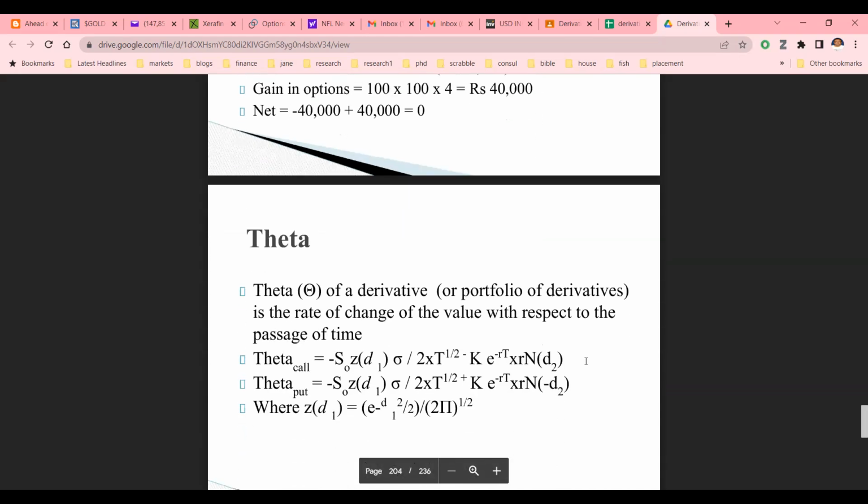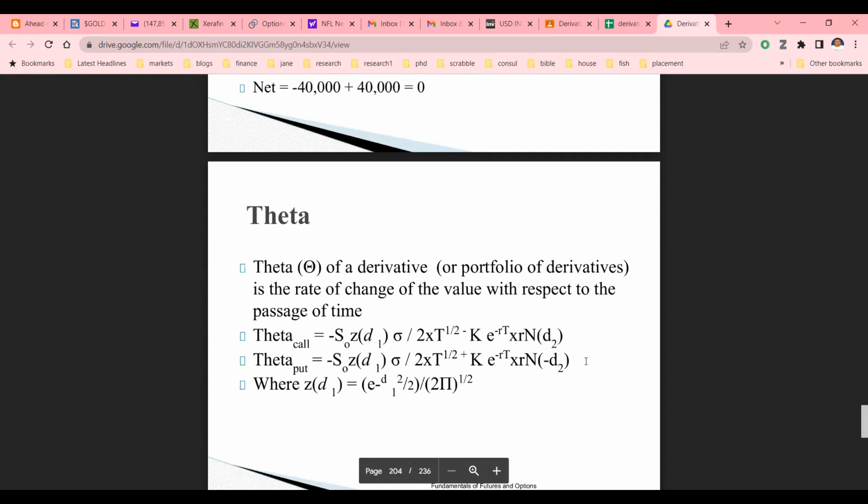Now, theta is measuring your time decay. Remember, as we get closer and closer to maturity, what will happen to your option price? If the same value of stock is there, what happens to your option premiums? They will reduce.